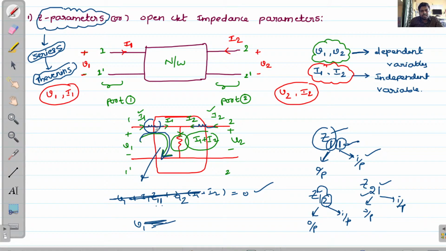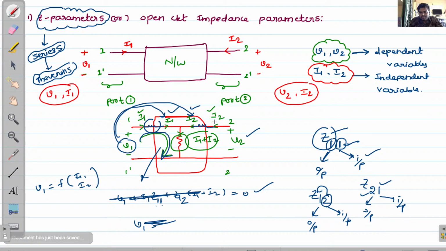My intention here is that this voltage V1 is a function of the I1 current as well as the I2 current. That means I am writing V1 equals a function of I1 and I2. Similarly, if you write the expression for this particular loop, V2 involves two variables, I1 as well as I2.